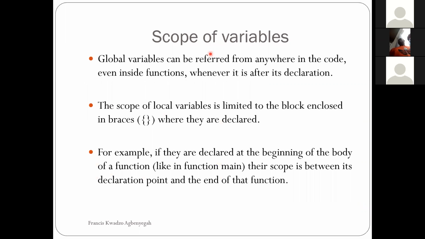Global variables can be referred to from anywhere in the code, even inside a function. Once you declare them, you can go and access them within the body of a function. A global variable is just like a global citizen. For example, the United Nations Secretary General is considered a global citizen.